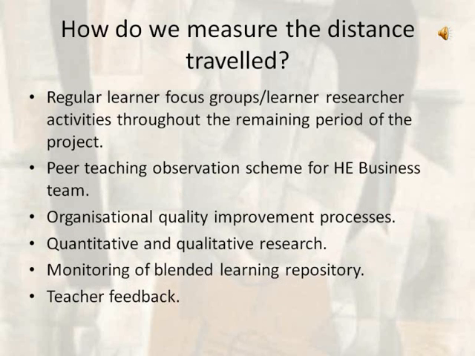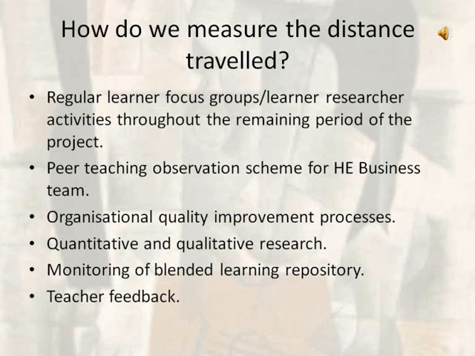Naturally, we need to be aware of how much we've done and when and where the milestones are. So we have got focus groups planned, we have had focus groups, we have learner researcher activities going out through the remaining part of the academic year, right the way through the next semester to the end of the project. We have a peer teaching observation scheme for HE Business, so through that we will be able to see what sort of progress has been made with the teaching team.